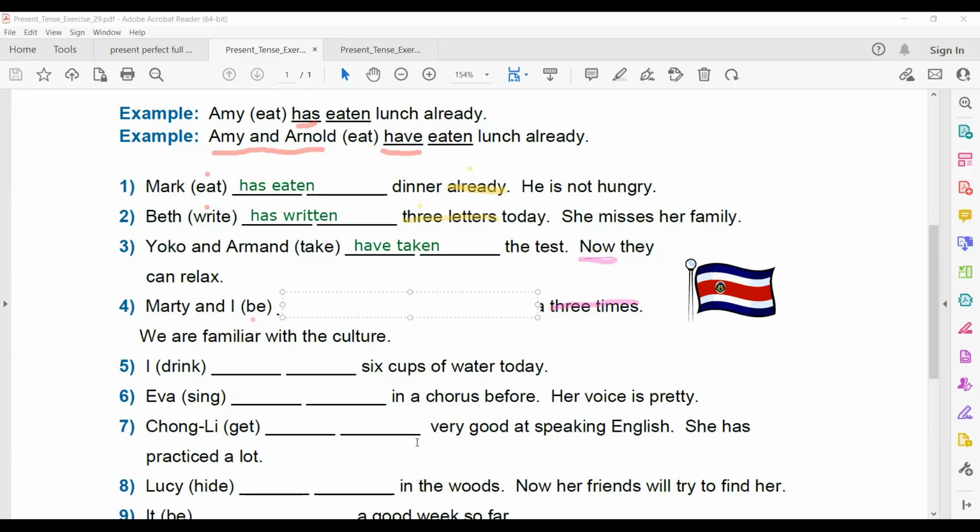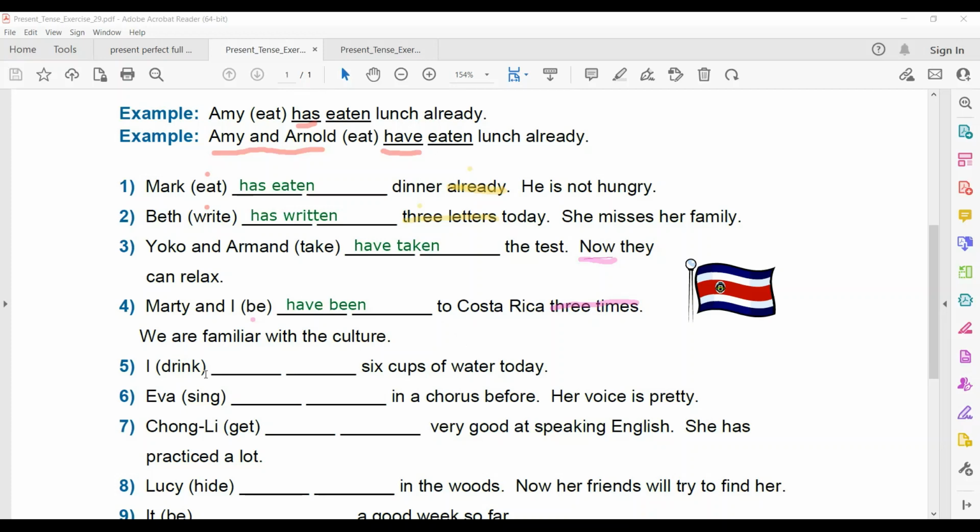It's not only I, it's Marty and I. So it's we. Generally, if we turn it into a pronoun, that's why we put have. And be in the third column of irregular verbs is been. So Marty and I have been to Costa Rica 3 times. We are familiar with the culture, right?